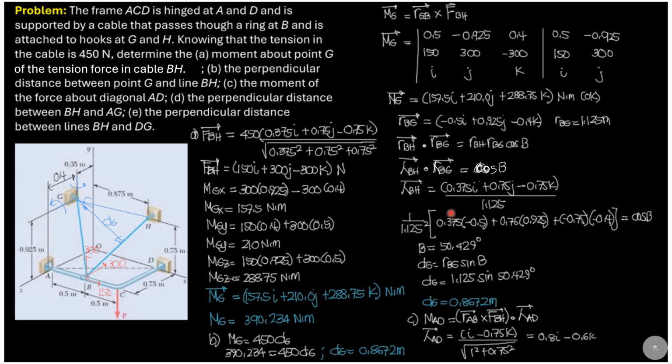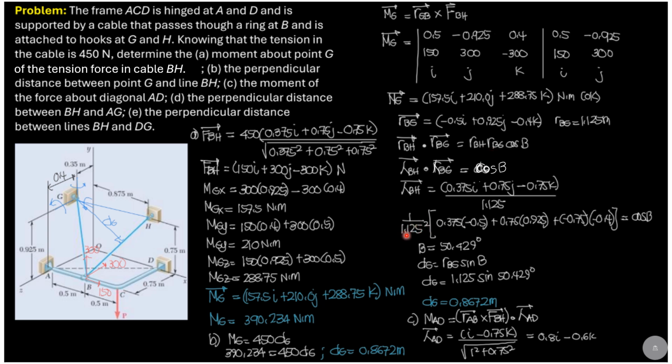Therefore the unit vector of RBH dotted with RBG is equal to 0.375 times negative 0.5, plus 0.75 times 0.925, then plus negative 0.75 times negative 0.4, which equals RBH 1.125, the magnitude, times RBG 1.125 cosine of beta.